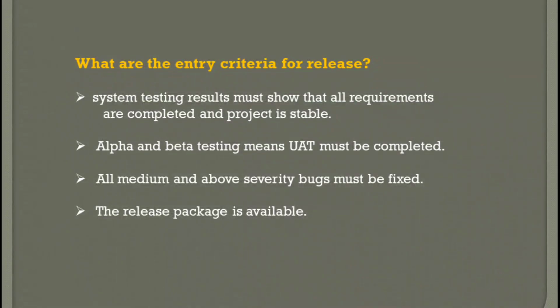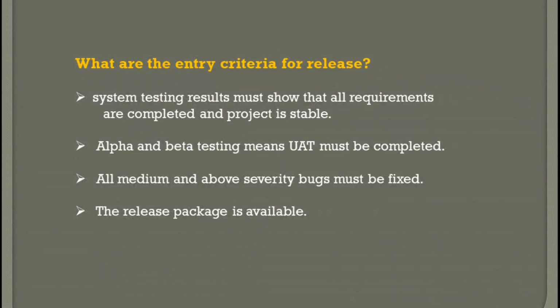What is the entry criteria for release? When any module, feature or software is built, there is an entry criteria to release that software. The criteria is that the system testing result must show that all requirements are completed, so all the requirements in our functional document are completed.